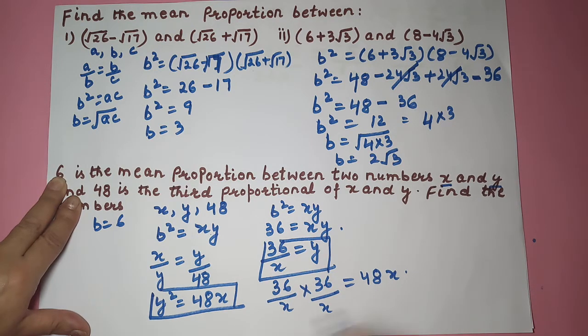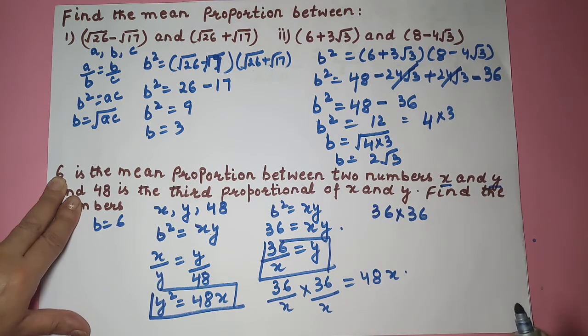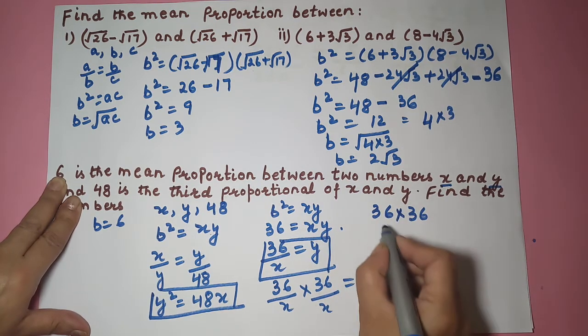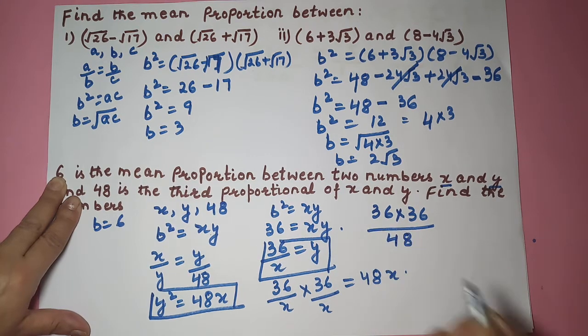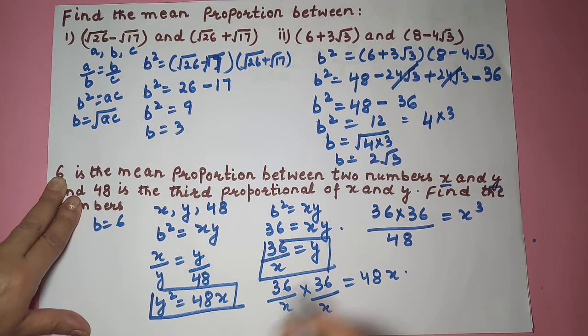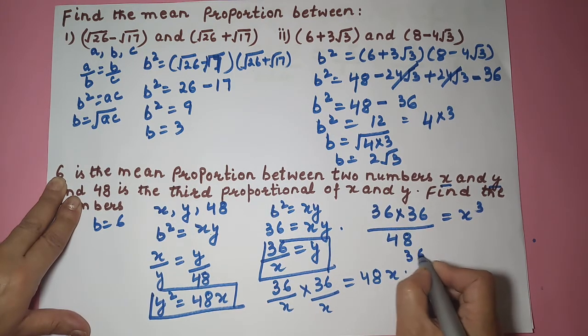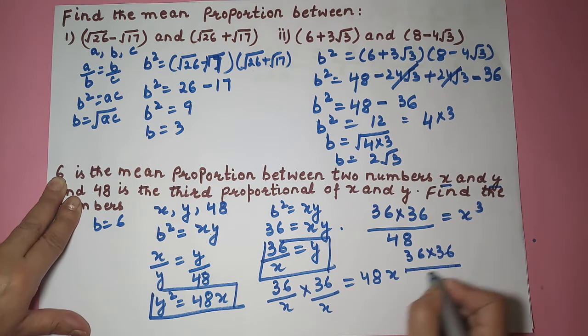Fine. So I will get 36 into 36. Let me shift this 48 below this. These three x's will come here and it will become x cube. So this will become 36 into 36 upon 8 into 6.